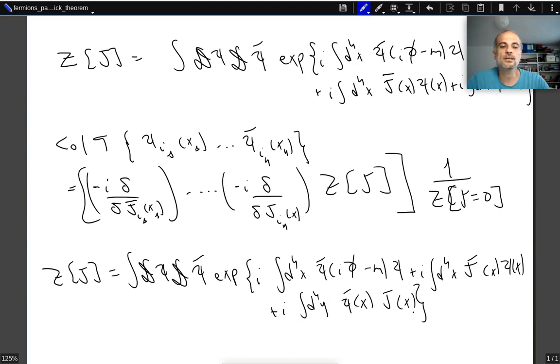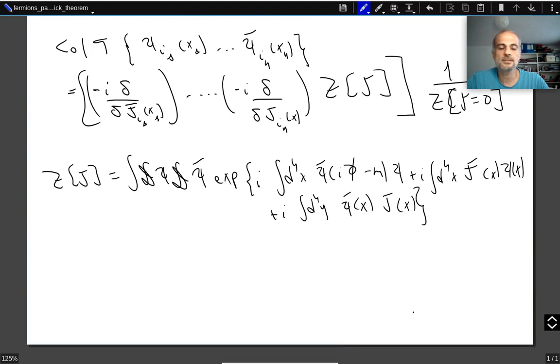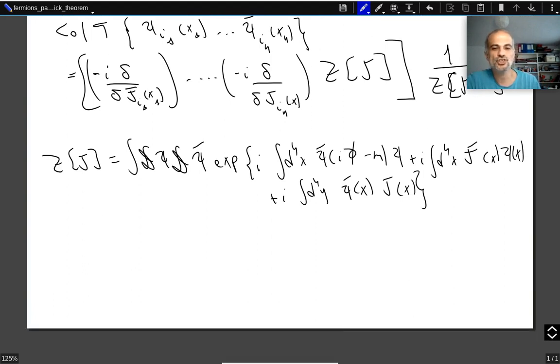Again, just like in the case of the scalar field, by just shifting these ψ fields in a suitable manner, we will try to write this in the form Z of 0 multiplied by some function that depends on J. We are trying to find this function.